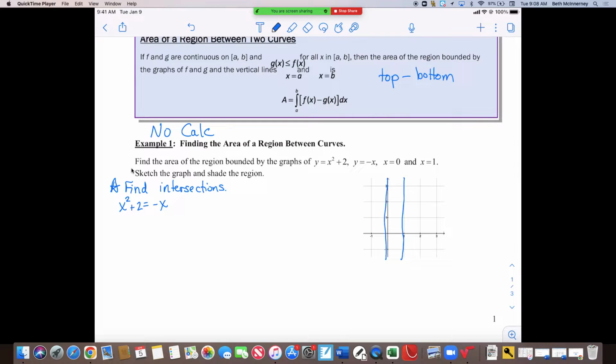So I'm going to pause a moment and I want you to find, they actually don't intersect, do they? Because I'm doing that x squared plus x plus 2, like that doesn't intersect, does it? All right, so this one didn't have any intersections. So if it doesn't have any intersections, let's sketch the graphs.